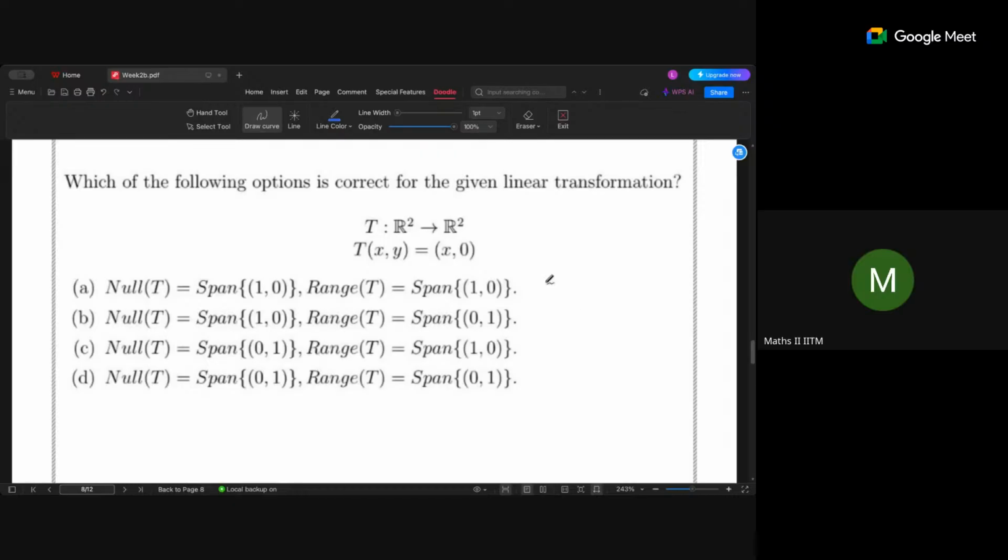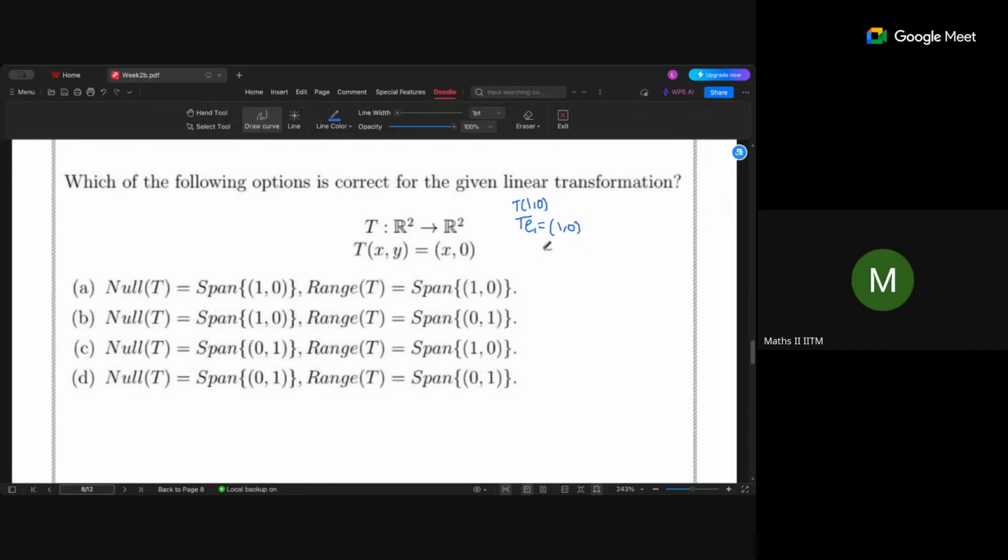So for this, can you tell what is TE1? What is TE1? X0. No, so TE1 is T of (1, 0), right? What is T of (1, 0)?